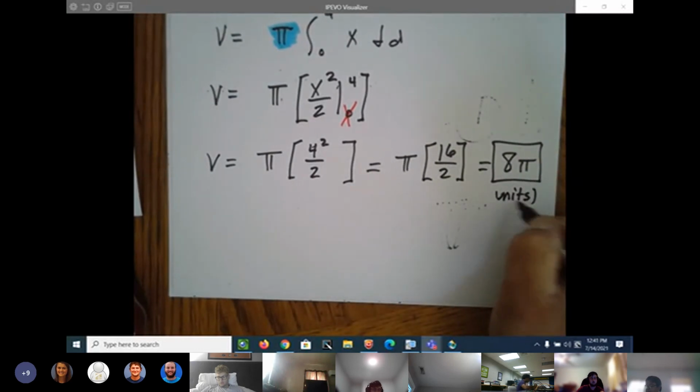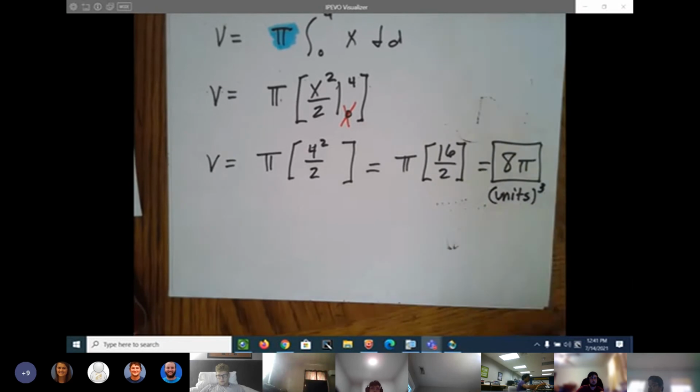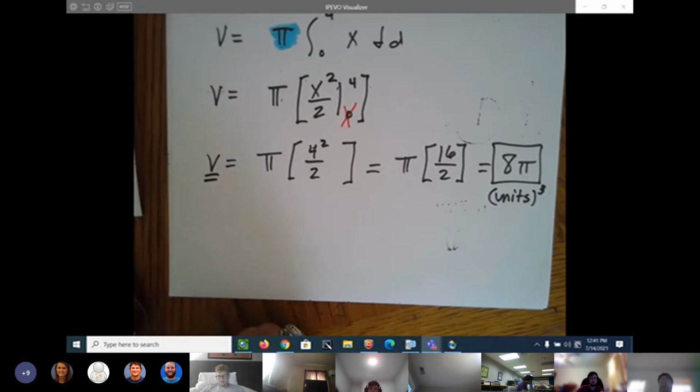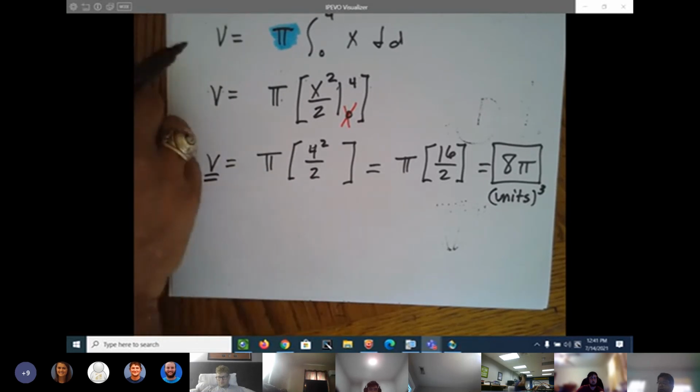Units what? Squared. Nope, not squared. Cubed. Volume is cubed.